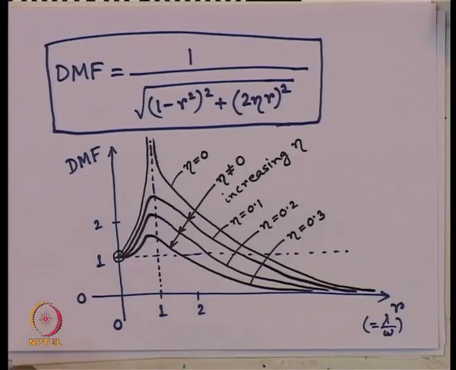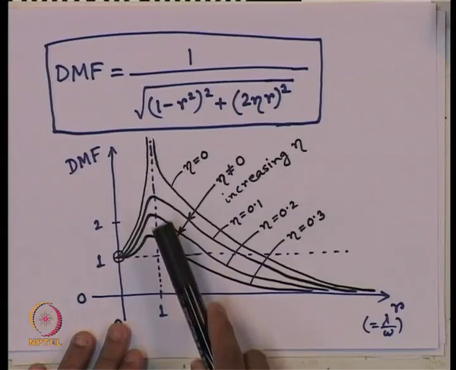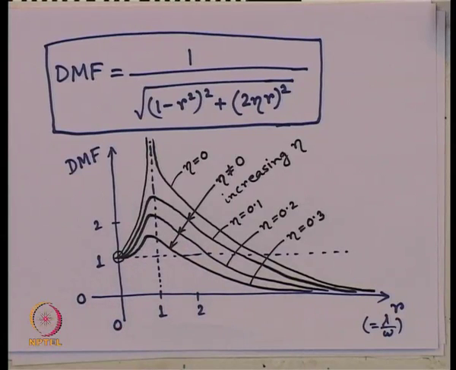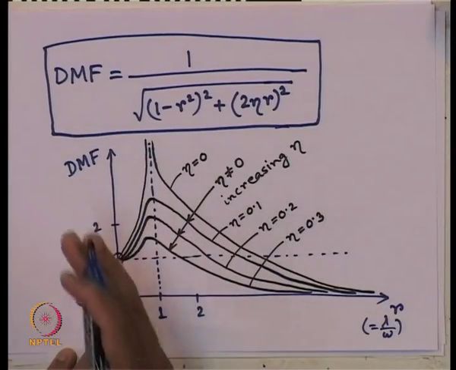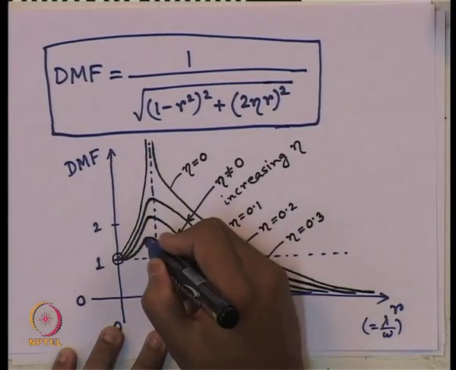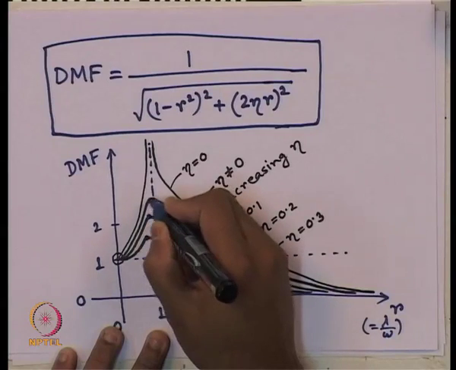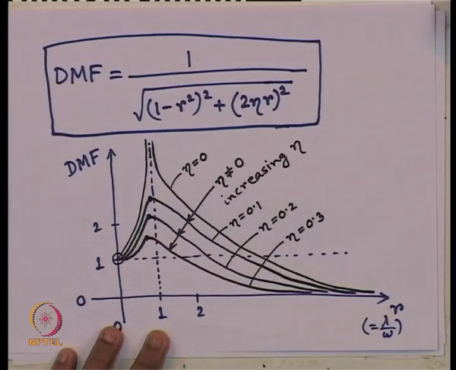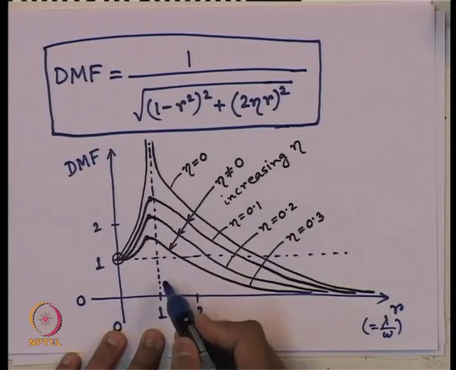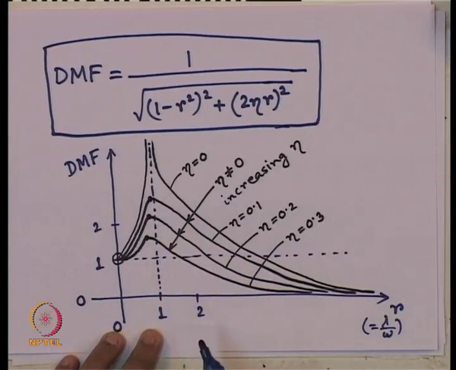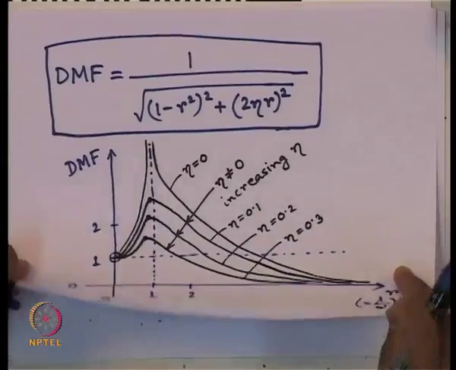Let us look at the curve. I have drawn the peak knowingly a little before r equals 1. So, these are my peaks, not at r equals 1. Why? Let us see now. We will derive it.